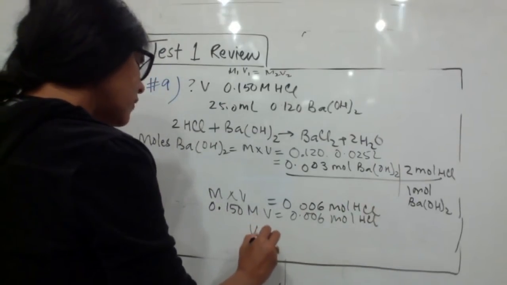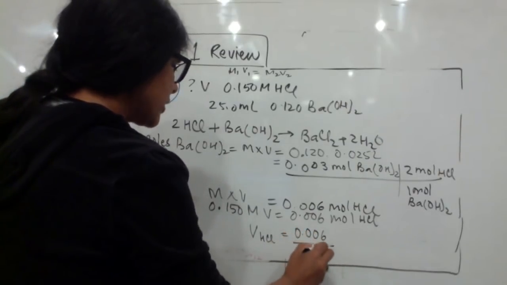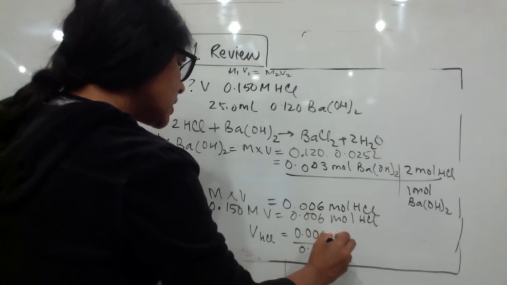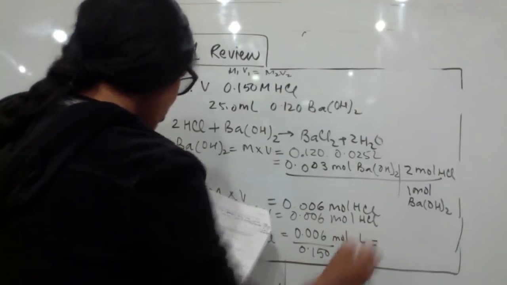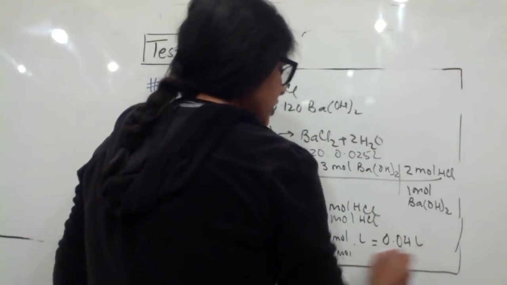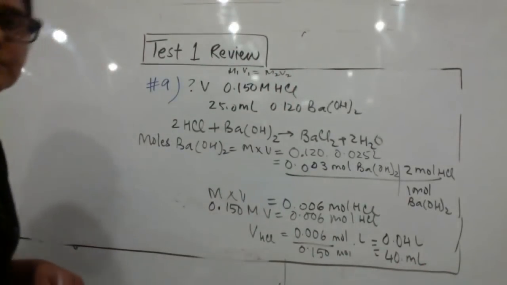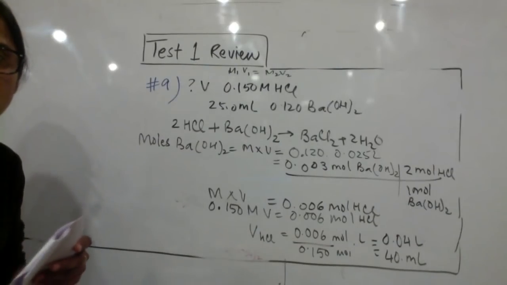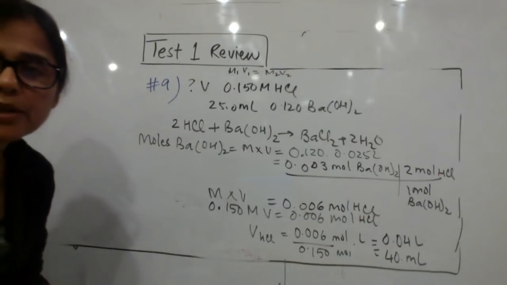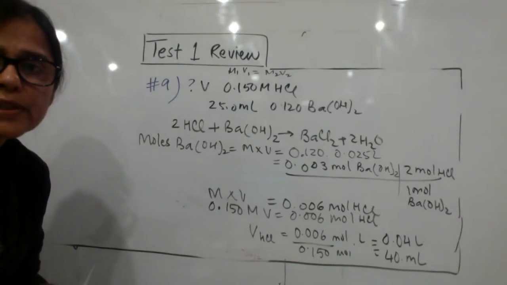So volume of HCl will be 0.006 divided by 0.150. This is moles and this is moles per liter. So you get 0.04 liter or 40 mils. So that was question number 9. Swara and others, whoever asked this question, you guys are good with it?